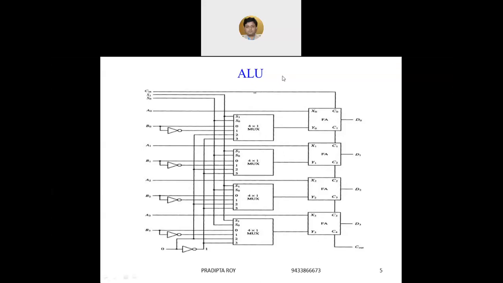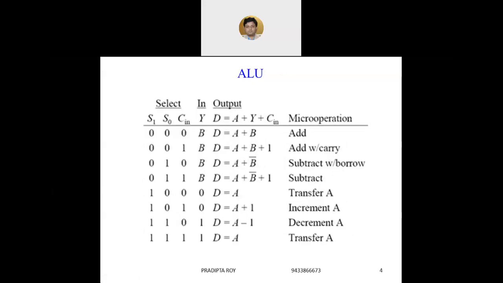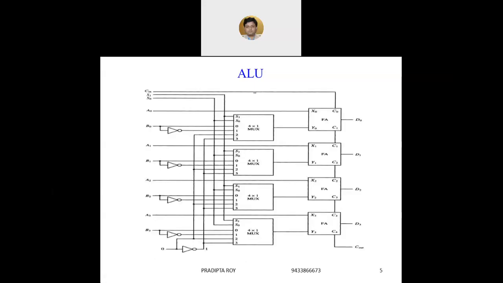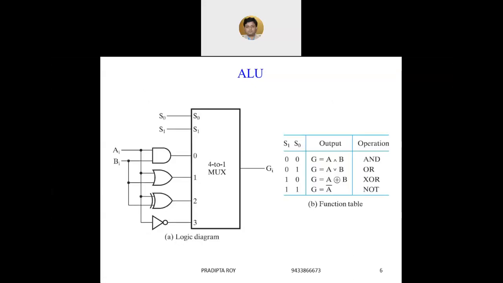That means we can perform the decrement operation. So ultimately, we will get the value of A minus 1. In that scenario, if we change the value of Cin to 1, that means we are trying to perform this addition: A minus 1 and plus 1. So that minus 1 and plus 1 will be cancelled out. Ultimately, we transfer the value of A to the output.